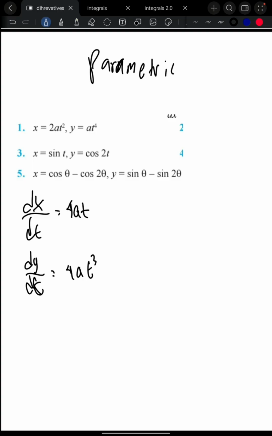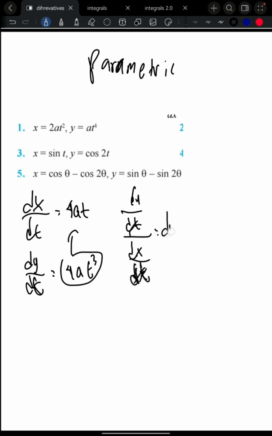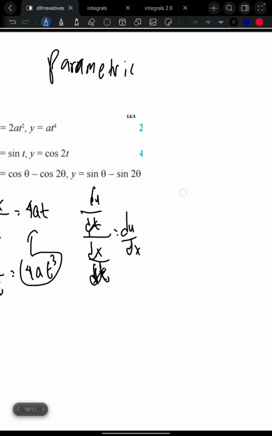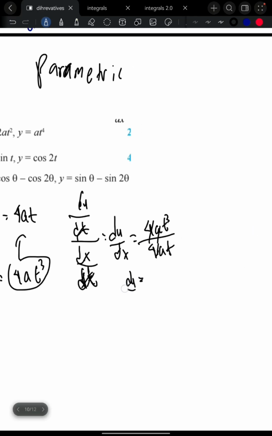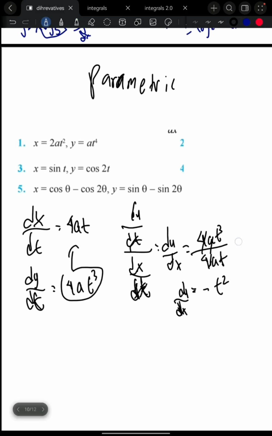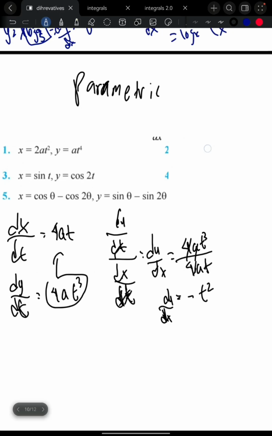Then you divide this by this, so it's gonna be dy by dt divided by dx by dt, which is equal to dy by dx. This is not true, but you know what I'm saying. So this is just 4at cubed divided by 4at, and these cancel out, and one of the t cancels out, so you get dy by dx is equal to t squared. Boom. That felt nice, I guess.